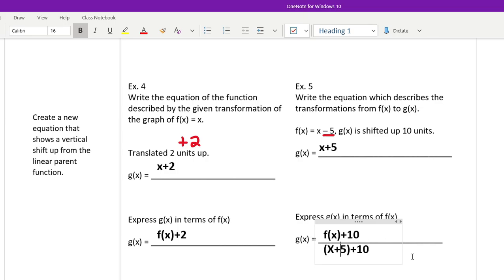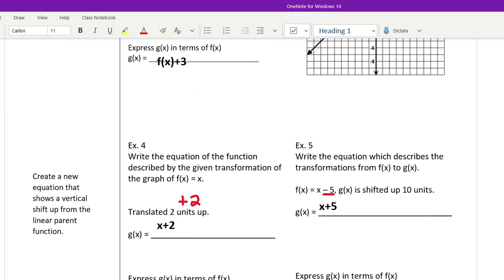That'd be the same as adding 10 to our x minus 5. That is the entire f of x. And then when we clean this up, that's how we leave it in terms of x. But this one asks specifically to be in terms of f of x.